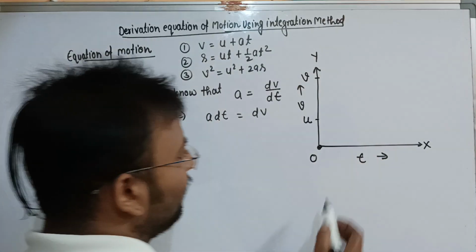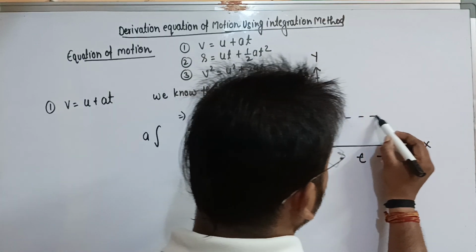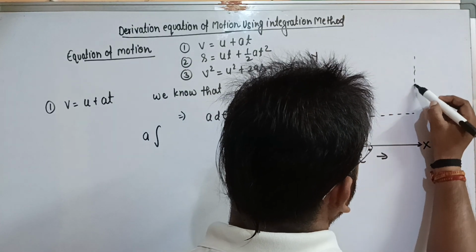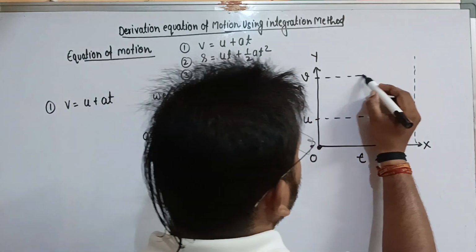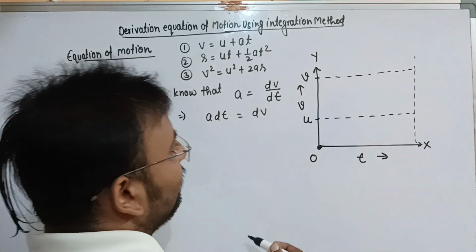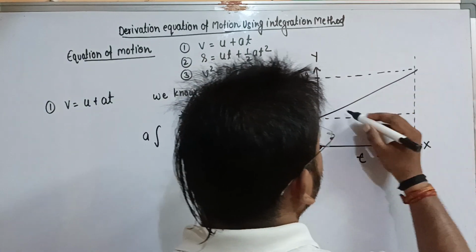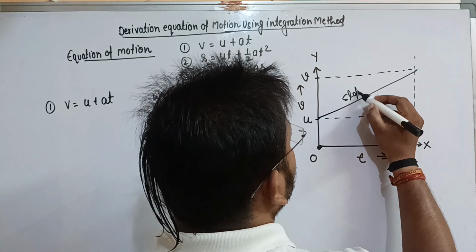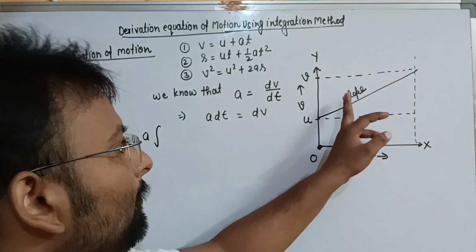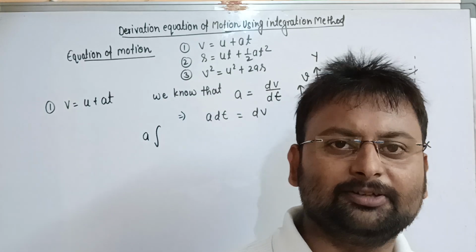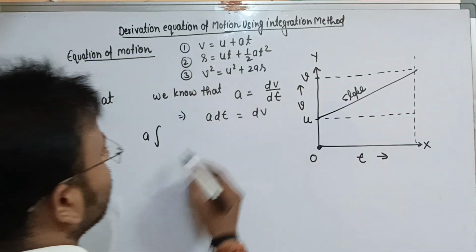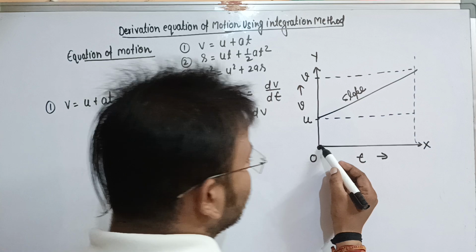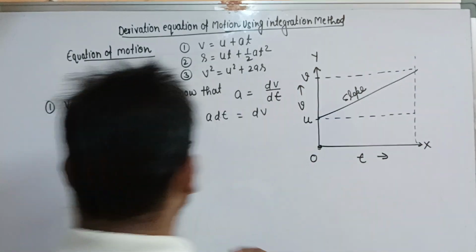Draw parallel lines, and this is the slope. This slope is the acceleration, and dt is the time interval from 0 to t.